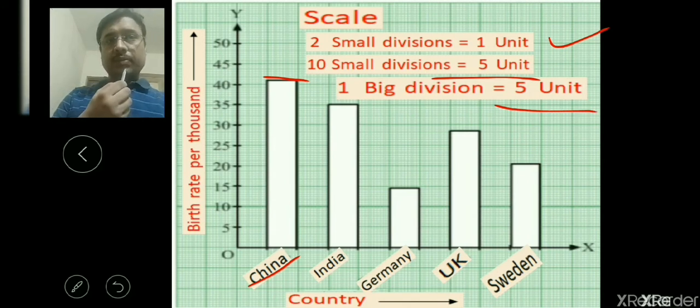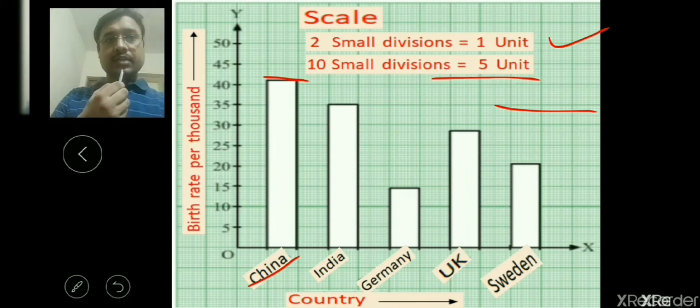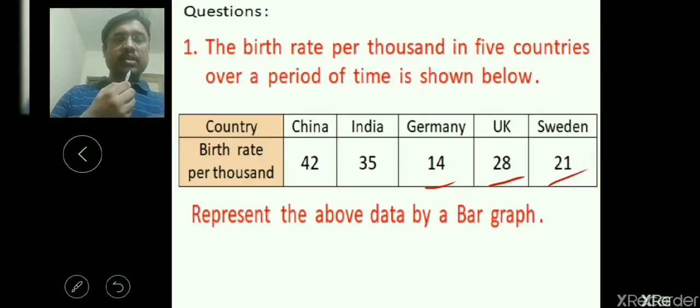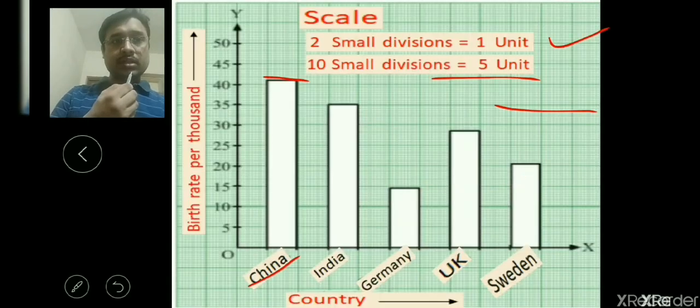Now you see Germany's data is shown here. Germany is 14, UK 28 and Sweden 21. UK is 28, 2 small divisions below 30, so that is shown here.